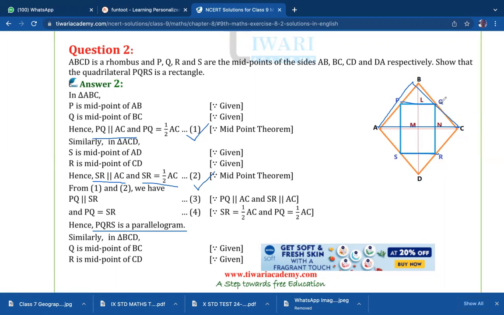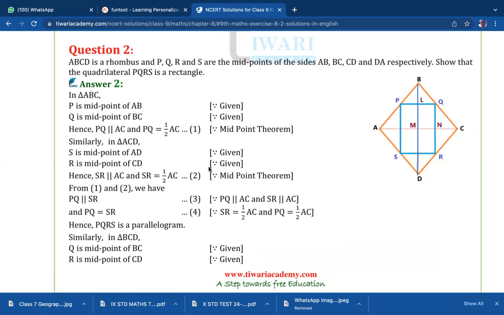So now let's draw the diagonal BD. BD divides this rhombus into two parts, ABD and BDC. Always draw the figure, students. And then children, you draw the figure and you keep marking and noting down the points.